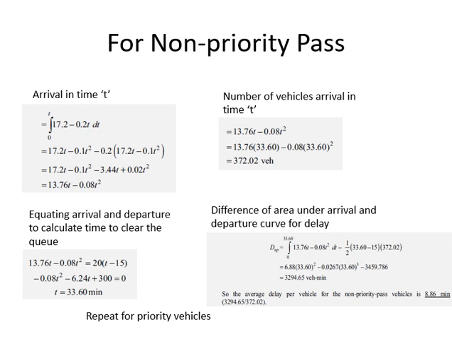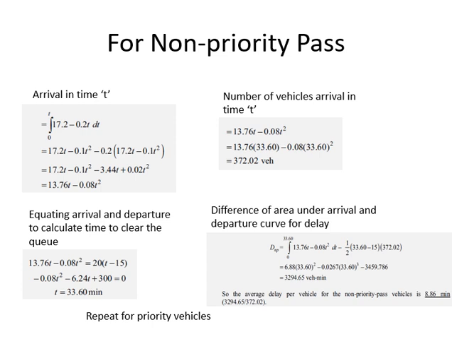The equation for arrival is this one. When you take the integral of this equation, you will get the area under the curve. So I will take the integral of this equation, and the integral of the other one.